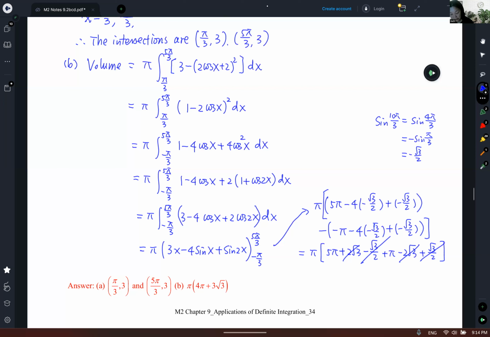The signs: sine 10 pi over 3 is sine 4 pi over 3. That is sine pi over 3. That's correct. That's plus. I think it's this one. This one is a problem. 4 sine negative. It's positive.